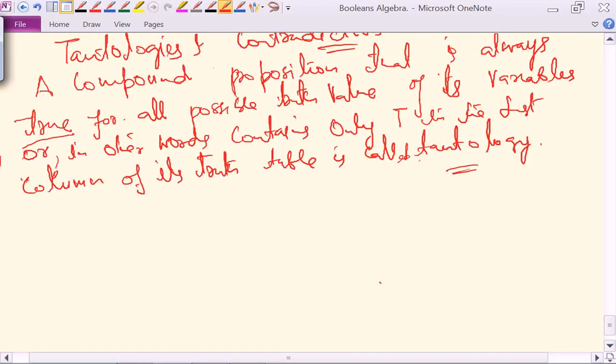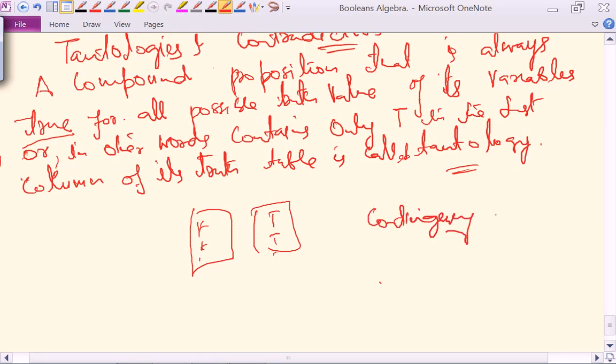If you have a mixed response, which is not a tautology and not a contradiction, because a contradiction means all falses in the last column and a tautology means all trues, what is that called? That's called a contingency, which is neither a tautology nor a contradiction.